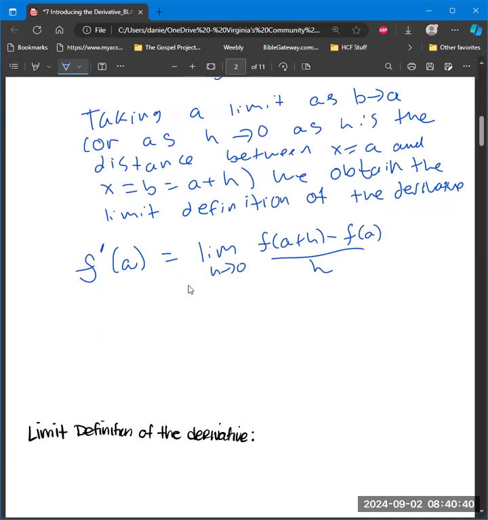The limit definition of the derivative at a specific given point, x equals a. So notice this is going to give me a number. This is not going to give me f prime of x that we'll be interested in later.